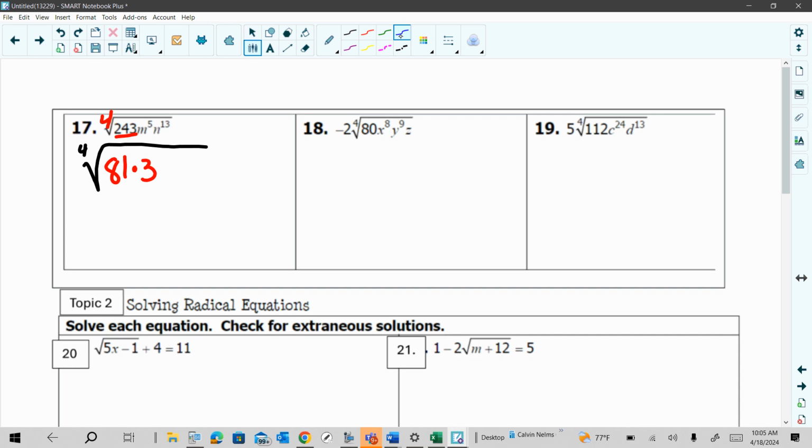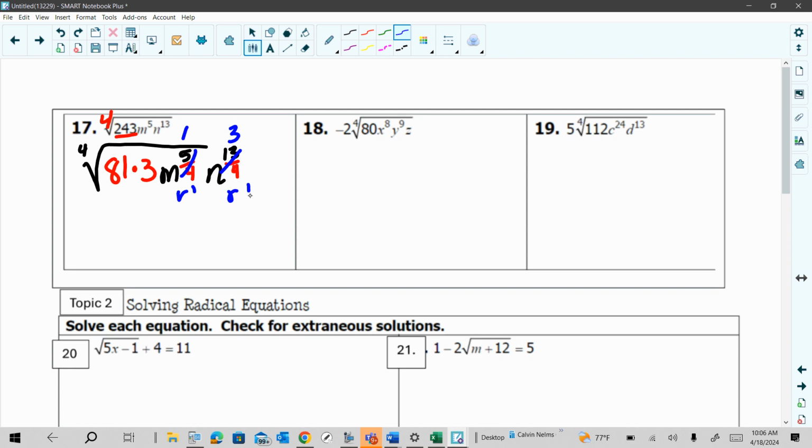Then I take my variable m that has an exponent of 5, and I'm dividing that by 4. Take my other variable n, has an exponent of 13, divide that by 4. So how many times does 4 go into 5? One time, with the remainder of 1, right? How many times does 4 go into the 13? 3 times, with the remainder of 1.